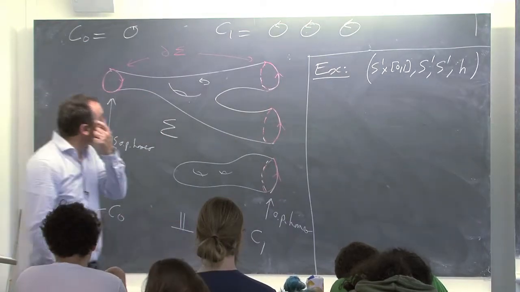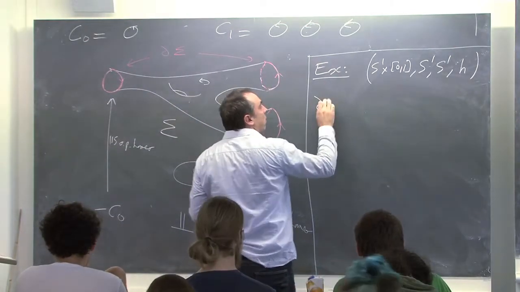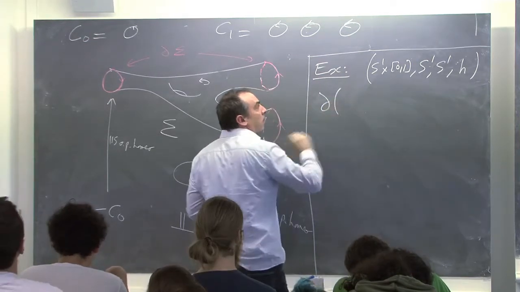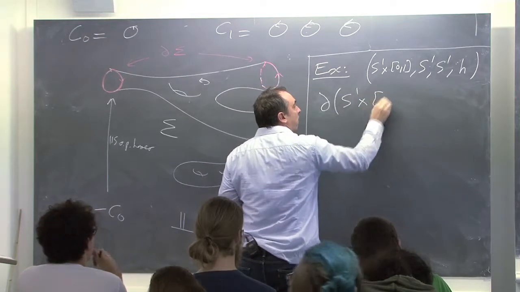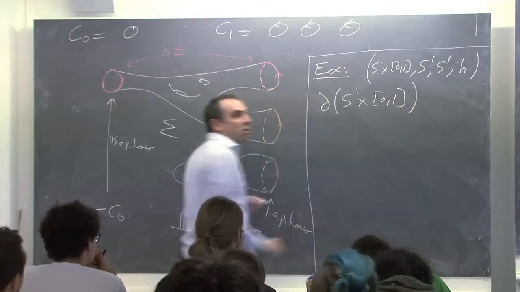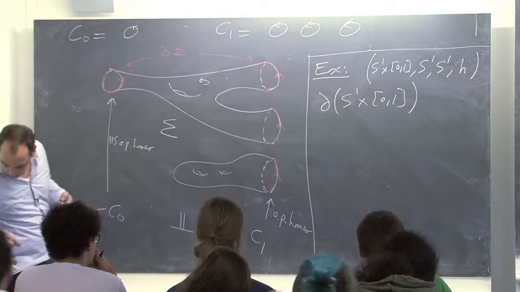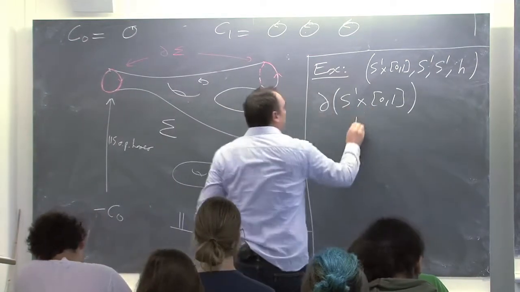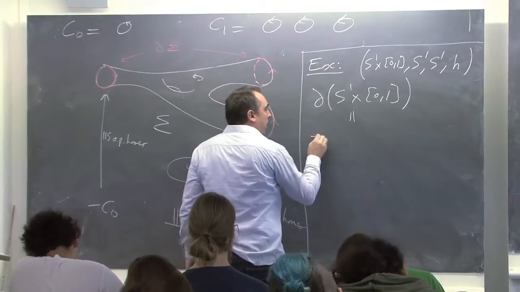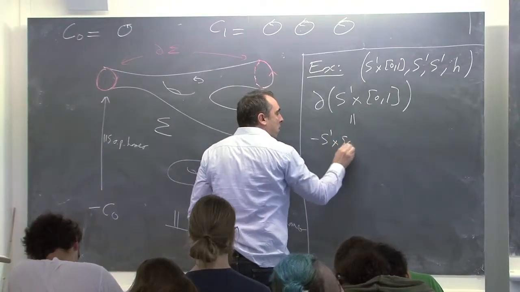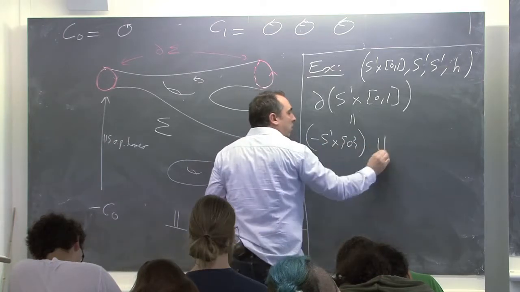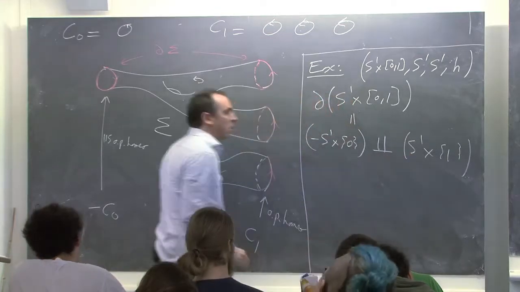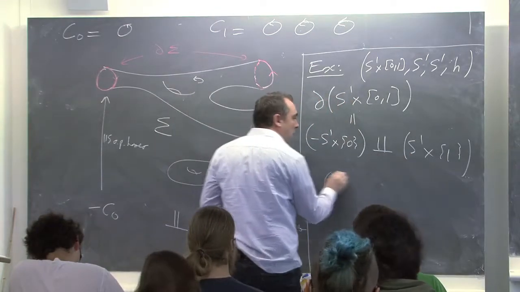So here, what is the boundary of the cylinder? We take the product orientation, so the boundary is S1 cross 0, disjoint union S1 cross 1.